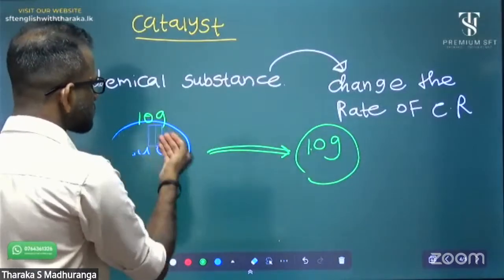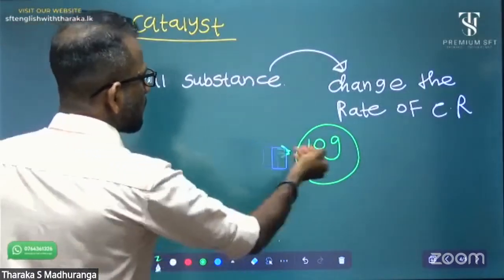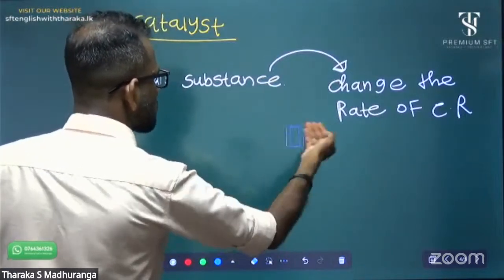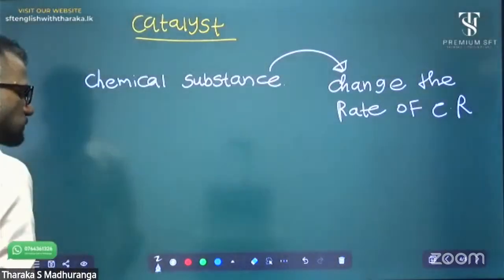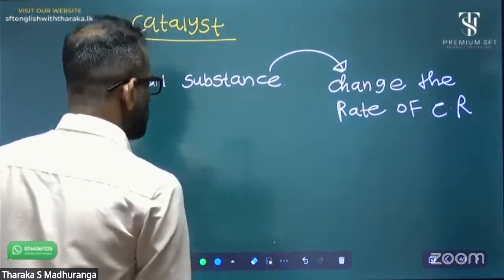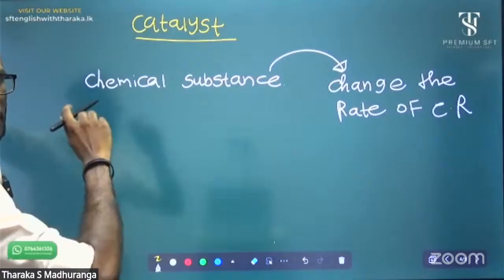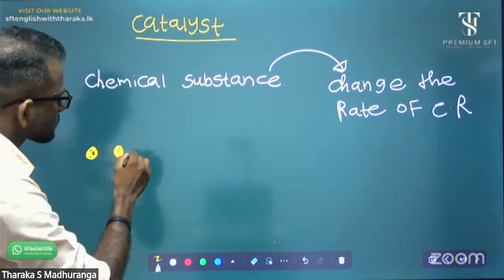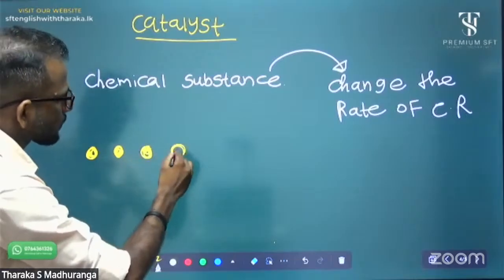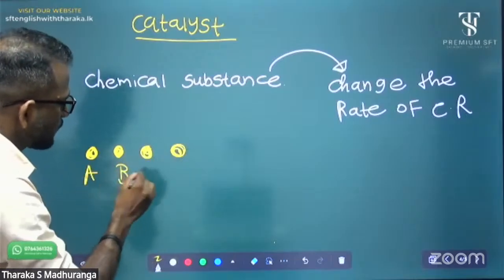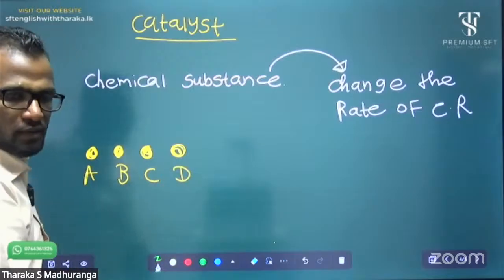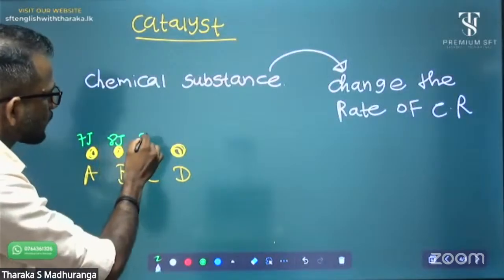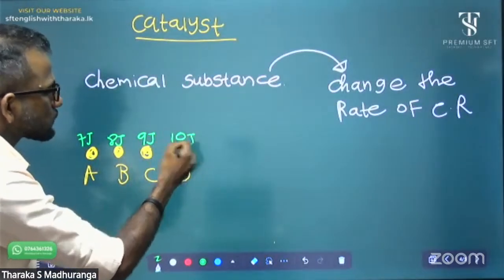Now, think there is a chemical reaction with reactant molecules A, B, C, and D. Their energy levels are 7 joules, 8 joules, 9 joules, 10 joules.